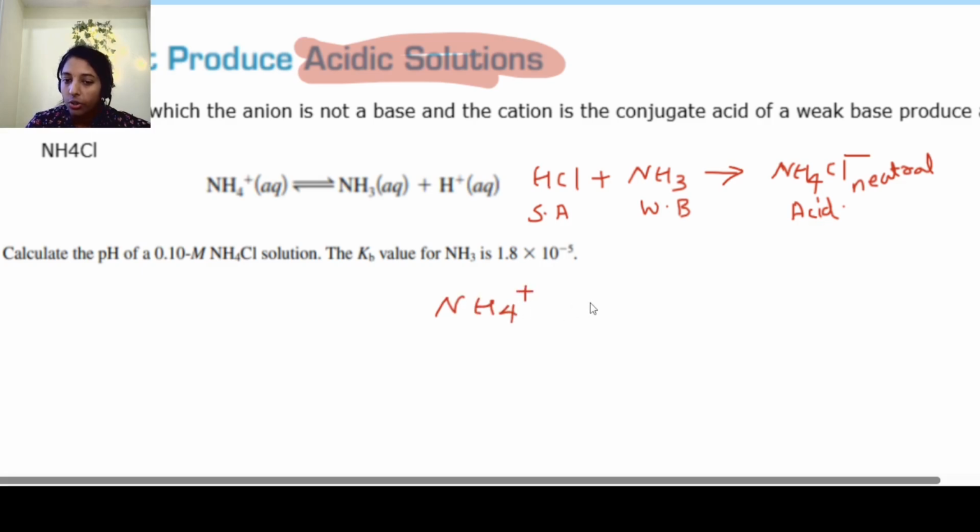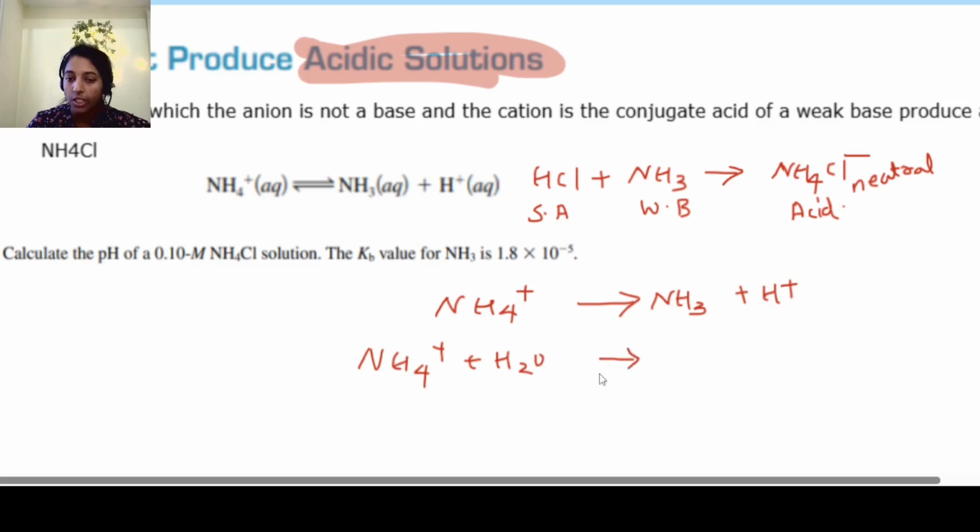So you can show the NH4+ reaction. For acid dissociation, it's very easy. You can just show NH4+ dissociating, giving H+. Or if you want, you can write NH4+ plus H2O, no issue.